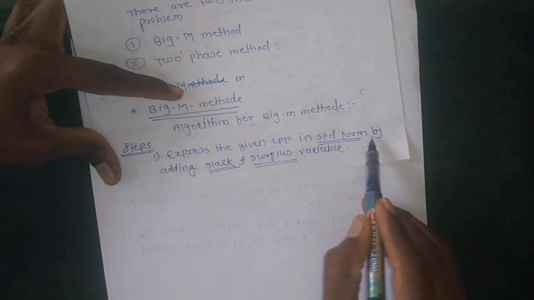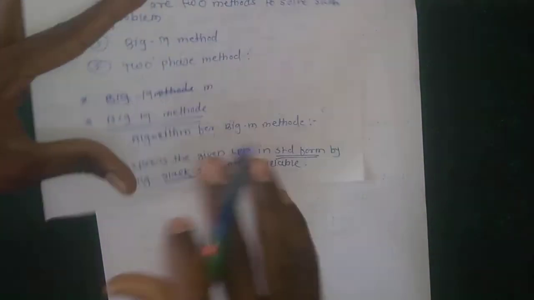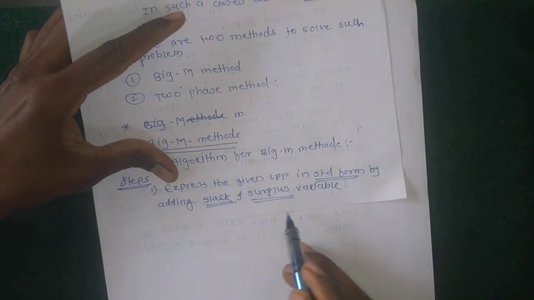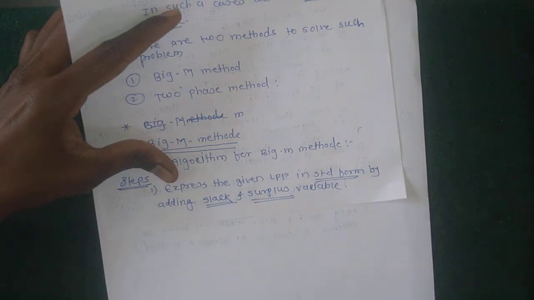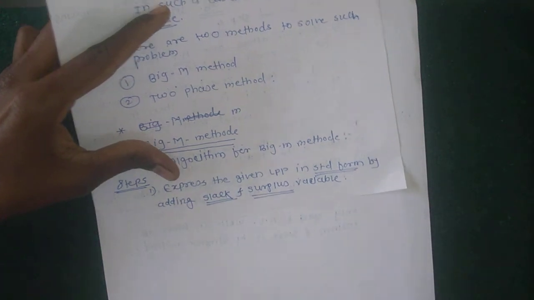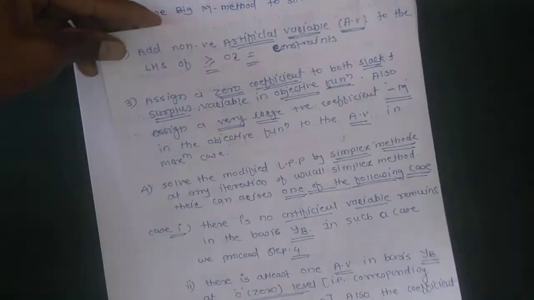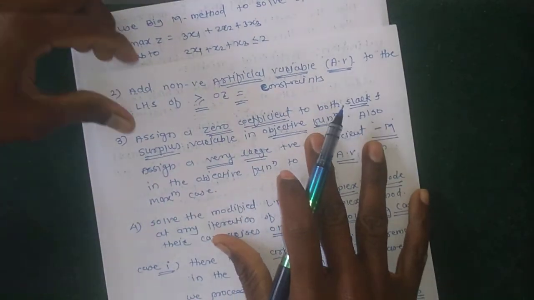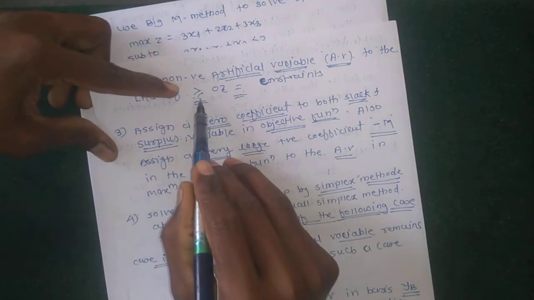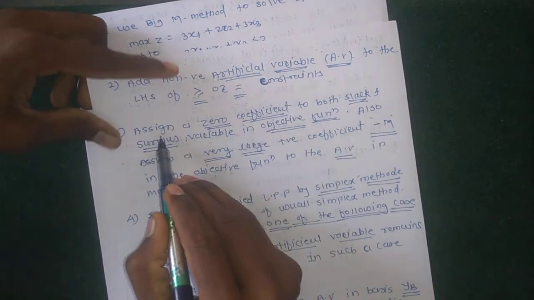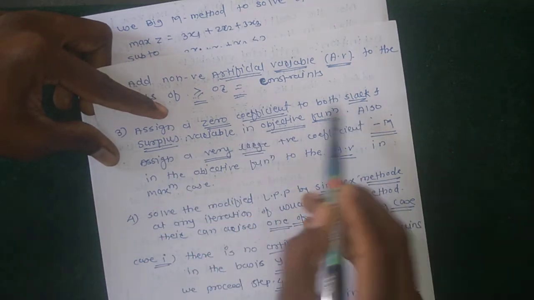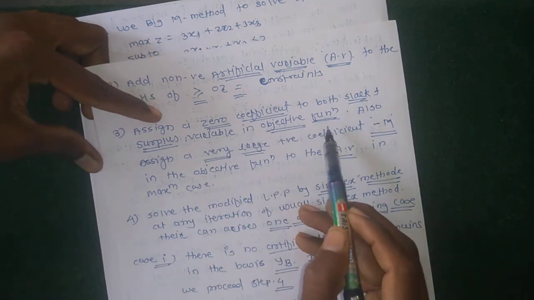Firstly write the standard form by adding slack and surplus variables. A slack variable is added only if the constraints are less than or equal type, and a surplus variable is subtracted when the constraint is greater than or equal type. Then add a non-negative artificial variable to the greater than or equal to constraint. Then the next step is to assign a 0 coefficient to both slack and surplus variables in the objective function.